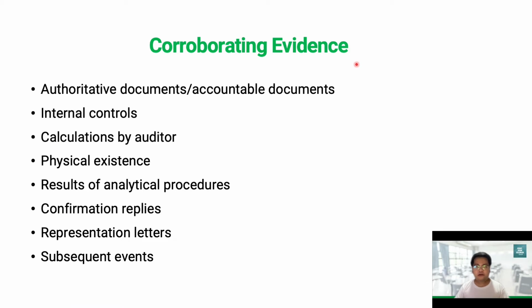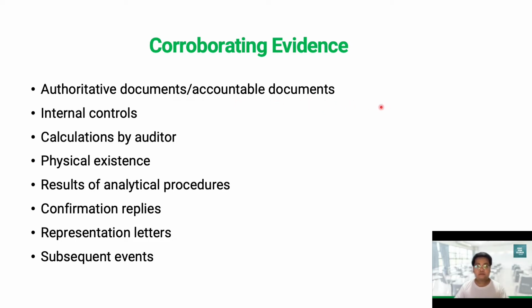We also have what we call corroborating evidence. When we say corroborating evidence, these are evidence that supplements, supports, or contradicts the information already provided by other information, as we have mentioned earlier in the previous slide. Some examples of corroborating evidence include authoritative or accountable documents, like for example titles of land, titles of vehicles, invoices of vendors, and official receipts.